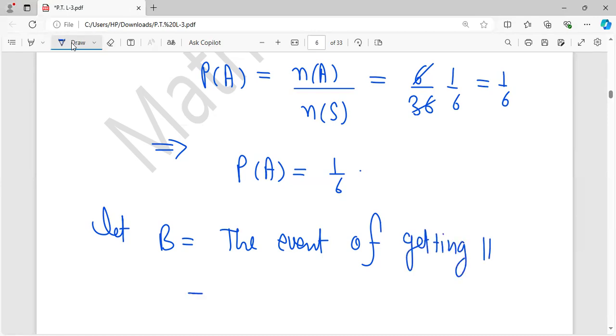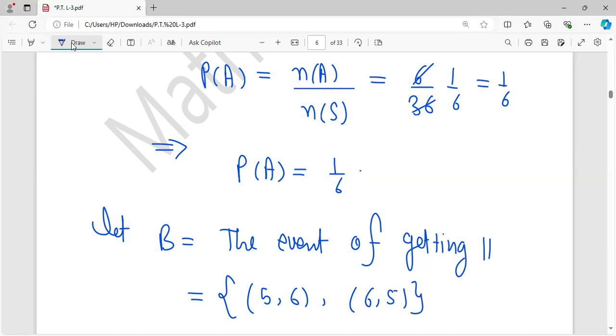What is this set? It will be (5,6) and (6,5).